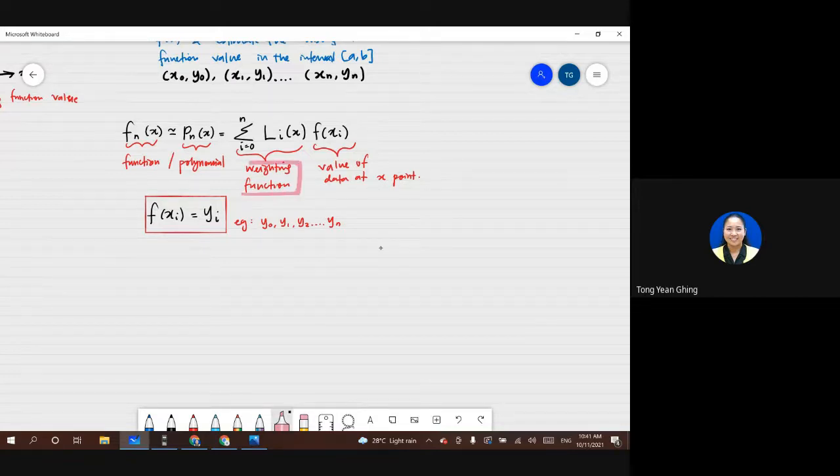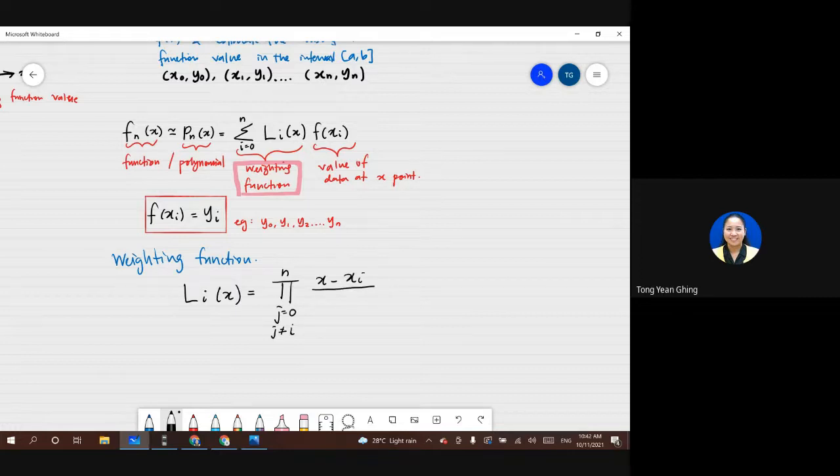The weighting function L_i(x) is equal to a product over j equal to 0 until j equal to n, with j not equal to i, of (x minus x_j) divided by (x_i minus x_j).